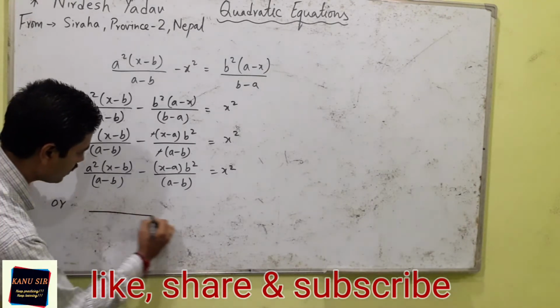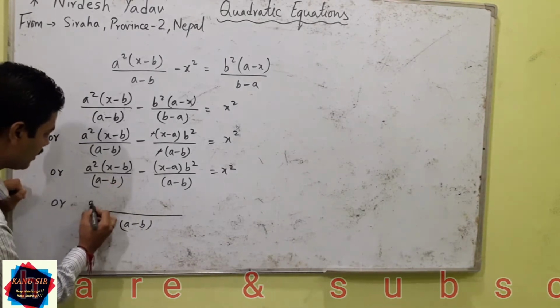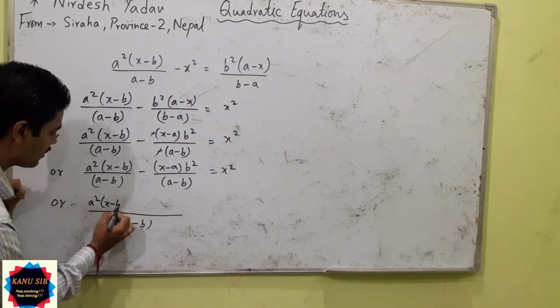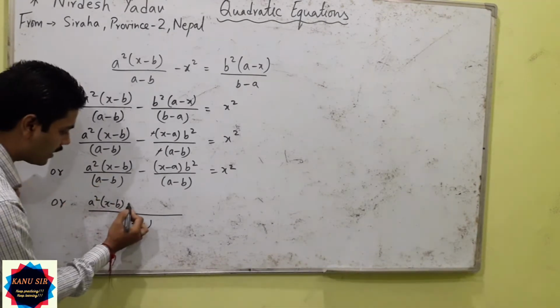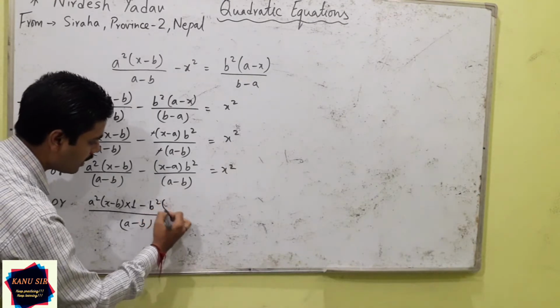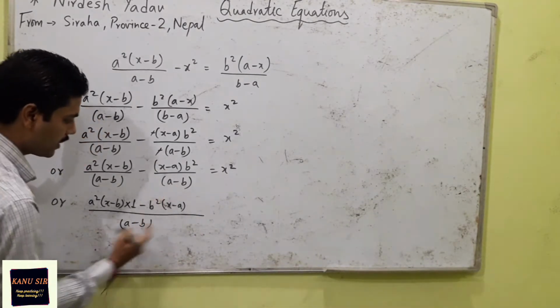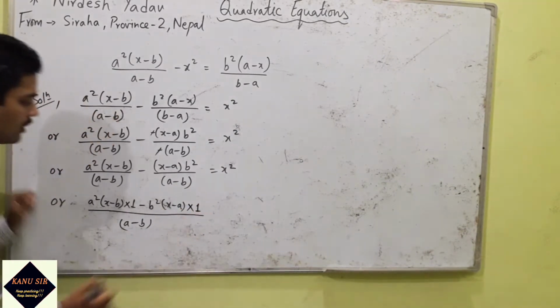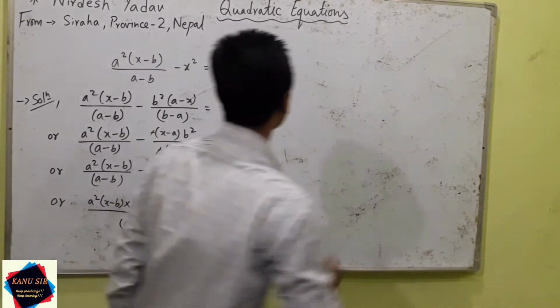Here you can take a minus b as LCM, then you will get a square x minus b as the numerator copied, and a minus b will be divided and multiplied by 1, minus again b square (x minus a) will be copied as numerator, and a minus b will divide each other, and you will get just 1, that is equals to x square.